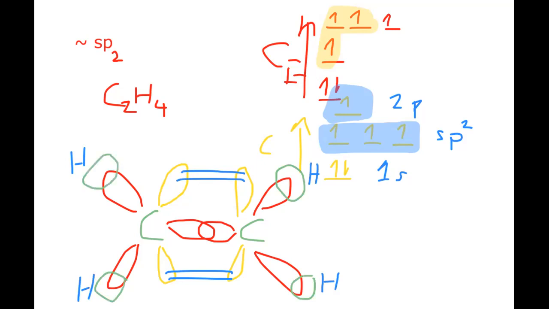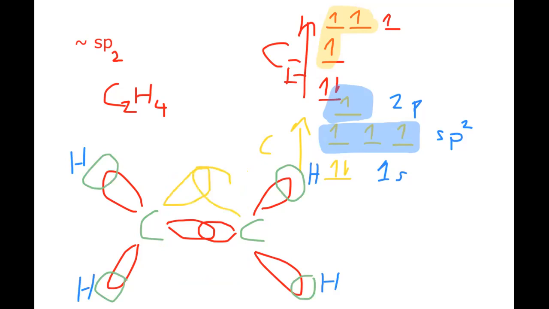Now, to simplify this diagram, we could draw the pi bonds as overlapping bonds. This is one pi bond.